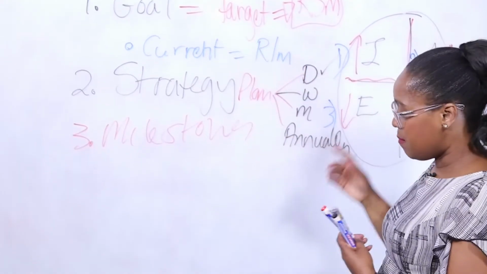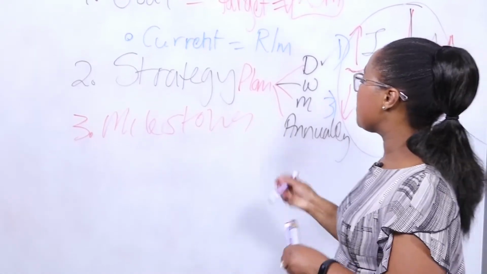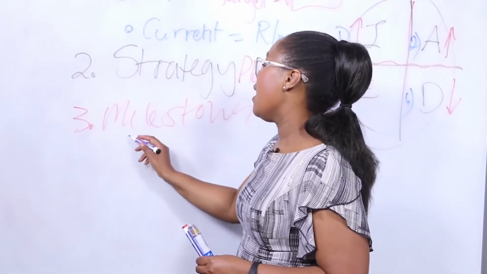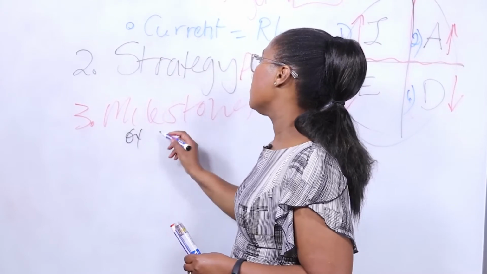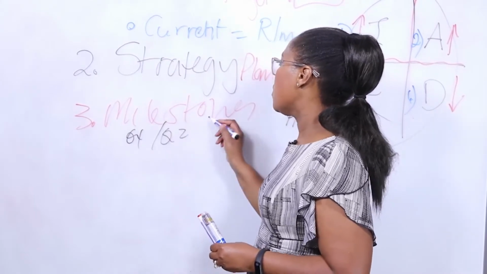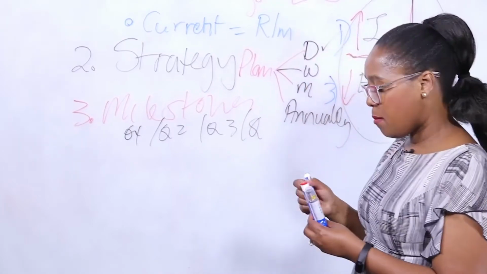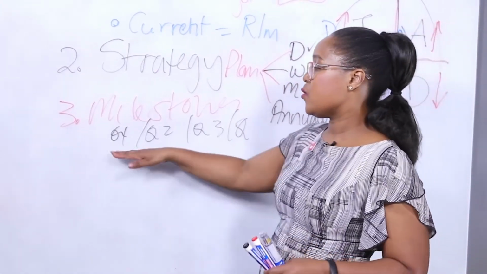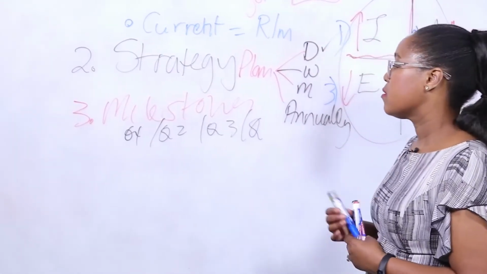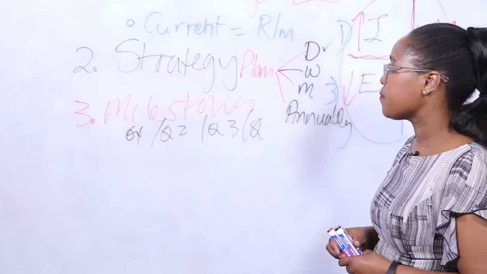And then the milestone is what you're going to break down. Maybe you're going to say quarter 1, quarter 2, quarter 3, and quarter 4. So a milestone can be set according to a period or a timeline.